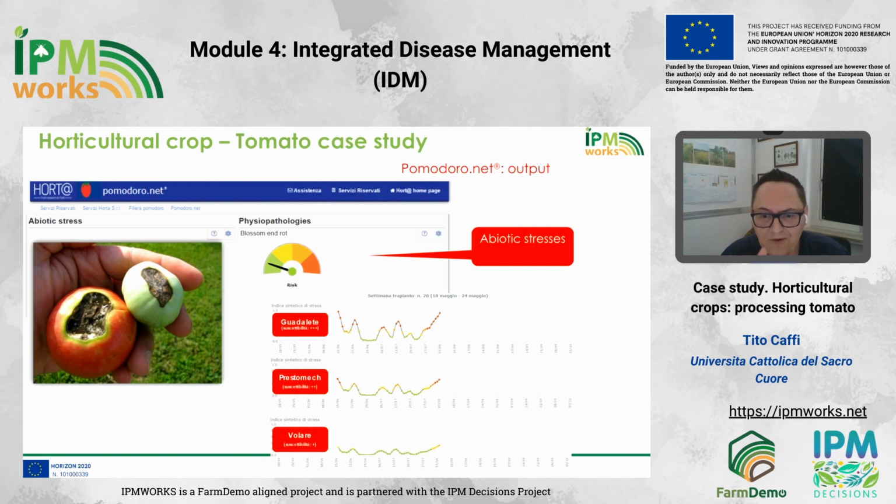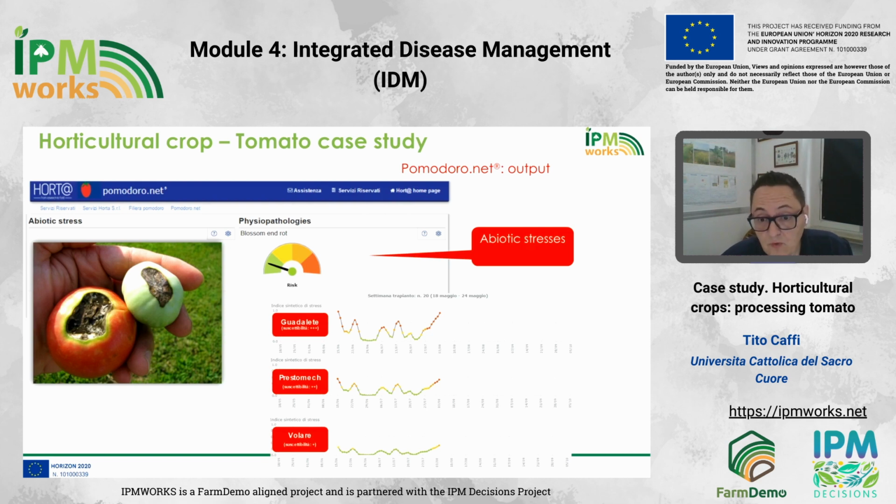So if you are in a critical area where you know that you have such a problem, probably Guadalete is not your first choice. By the way, you can see there is, of course, a great effect of the variety, but having a model, we can follow the risk dynamic during the season and so take appropriate decisions.